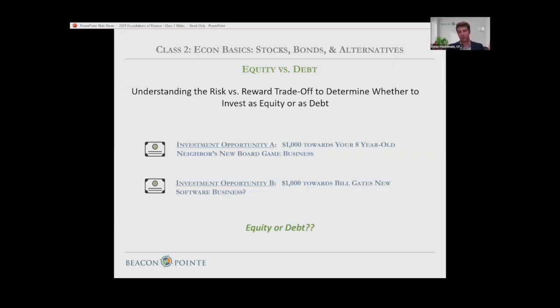How is your overall portfolio constructed? Which Matt's going to get into a little bit more detail here in a second, but where are you at on your potential retirement journey? How soon might you need this $1,000 to cover expenses, to live off of, etc.? It's worth taking a hard look in the mirror to determine how comfortable you are with risk.